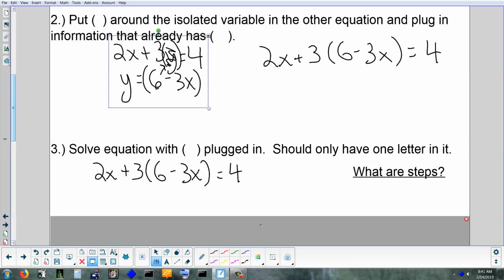I know I set it up right because it says it should only have one letter in it. It does, it only has an x. So when I solve this equation, what variable am I going to solve for, Paige? What's the only variable that's in that equation? The one I just wrote for step 3. X. So I'll have solve for x.